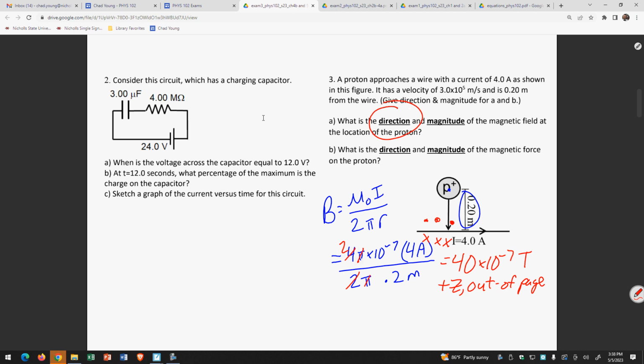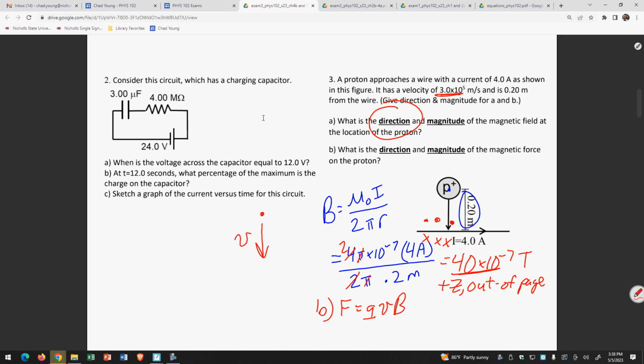Now the next thing that you want to do is to figure out the direction and magnitude of the magnetic force. So for part B, to find the magnitude, that's fairly straightforward. It's just QVB. You know the magnitude of the charge, 1.6 times 10 to the minus 19, that's the fundamental unit of charge. I give you the velocity, and now you know the magnetic field. So you calculate that force, and then to find the direction, I have a velocity vector in that direction.